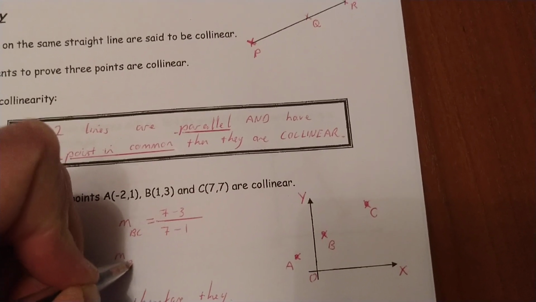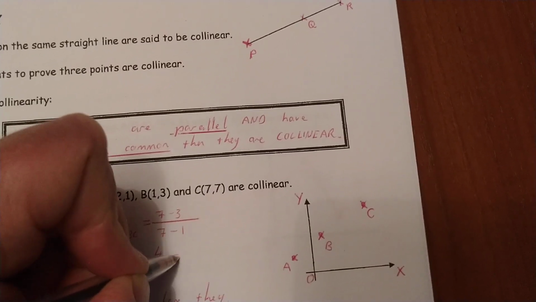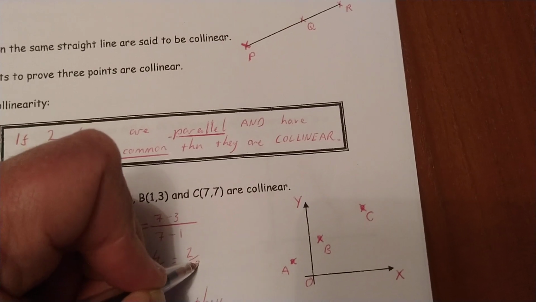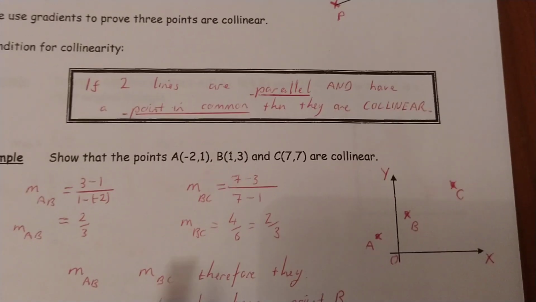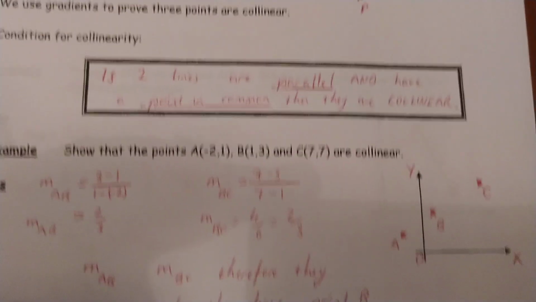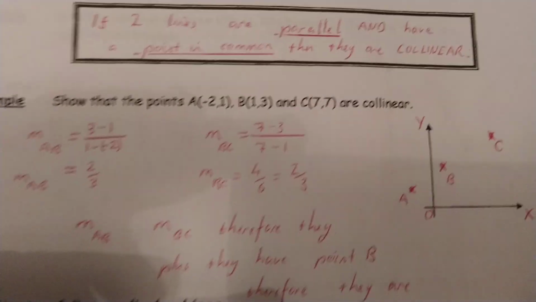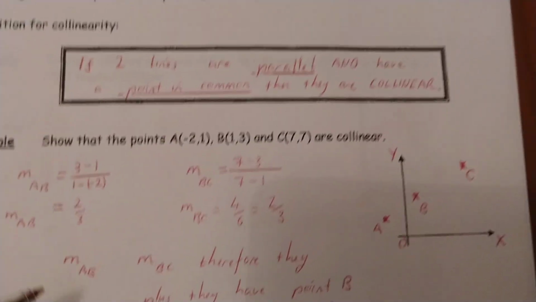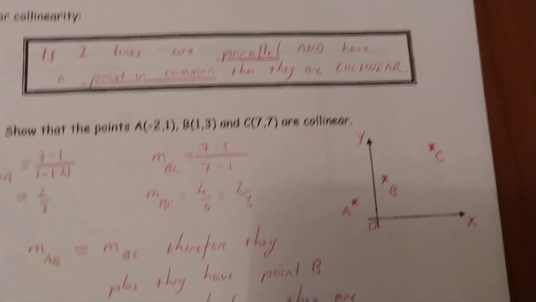The gradient of BC is 4 over 6, which simplifies to 2 over 3. Now if at this point the two gradients were not the same, then I would say the lines are not parallel, so they are not collinear. However, I can say here, the gradient of AB does equal the gradient of BC.